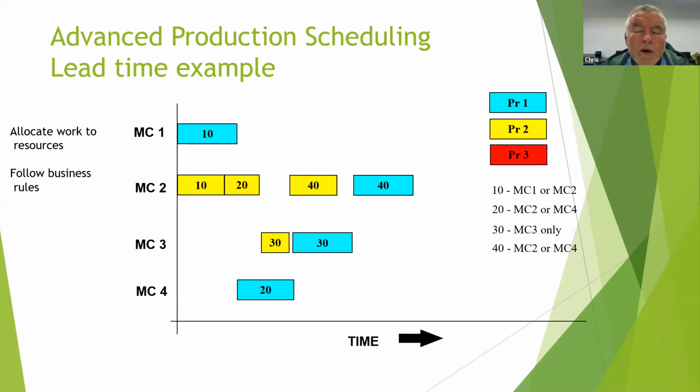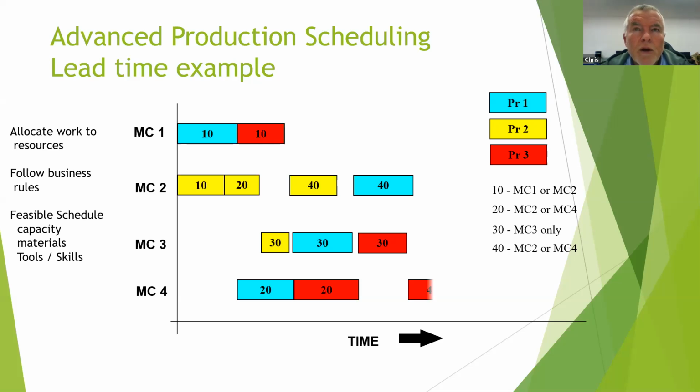What we see happening is that even if I follow the business rules, the lead time for the yellow order is in actual fact shorter than the lead time for the blue order, because it used different resources to meet the requirements of that order. So again, even if products are similar, the lead time is dependent on capacity.